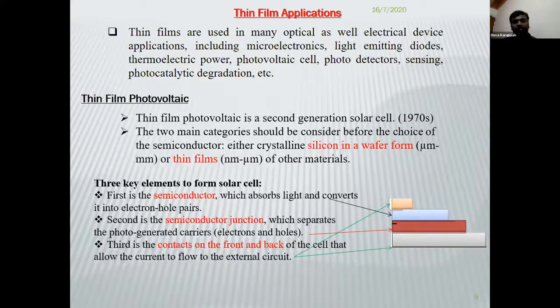The second is the semiconducting junction, which separates the photo-generated carriers, like electrons and holes. The third is the contact, front and back contact, like electrodes, which allow the current to flow to the external circuit.